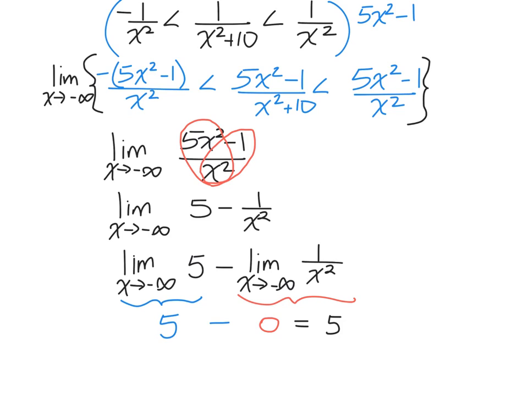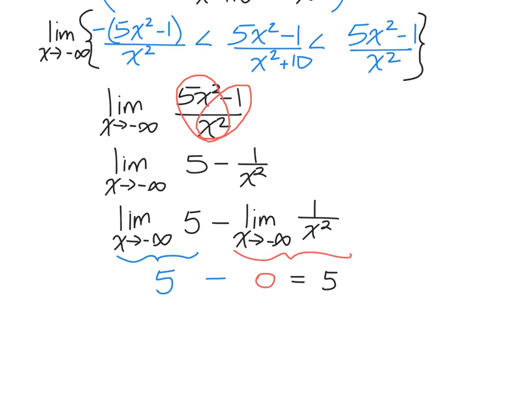Okay, so now we can actually apply this limit across the board and see what we get. On the low bound, since we know the limit of this expression is just a 5, this is the negation of that. I mean, you can carry out the process too, distribute. You get negative 5 plus 1 over x squared.